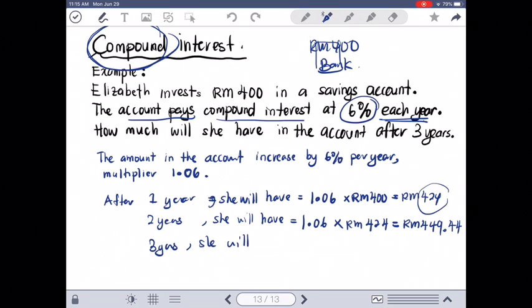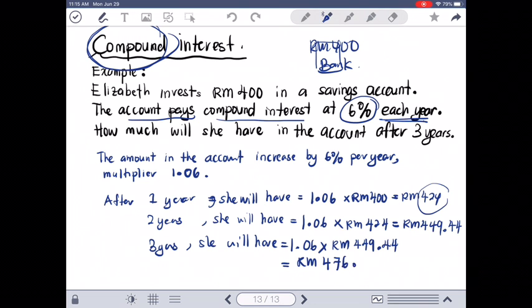So after 3 years, she will have again 1.06 times the last balance, which is RM449.44. She should get RM476.4064, or RM476.40.